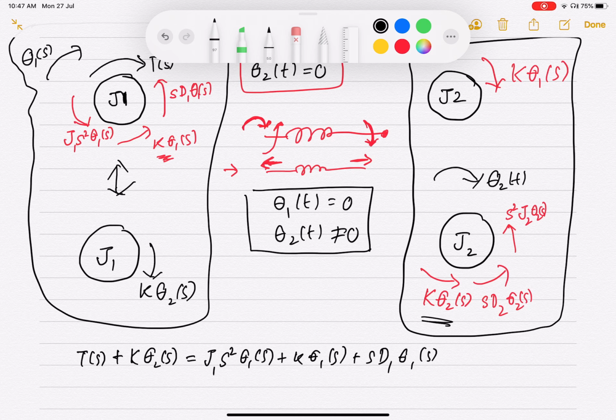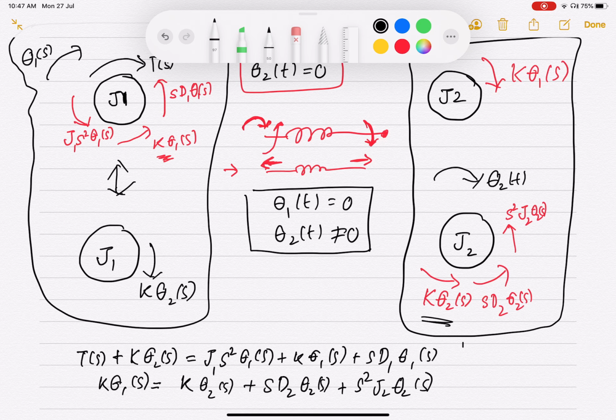So what about the second diagram? In the clockwise direction, you have K theta 1(s), which is equal to, in the counterclockwise direction, K theta 2(s) plus s D2 theta 2(s) plus s squared J2 theta 2(s).